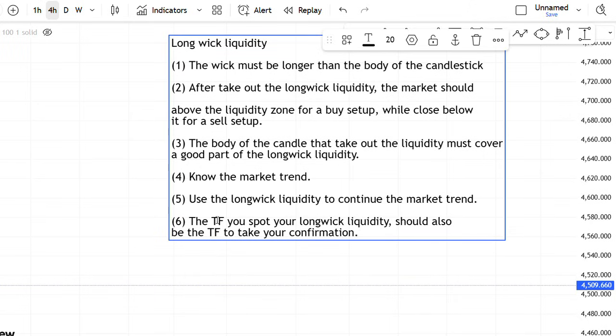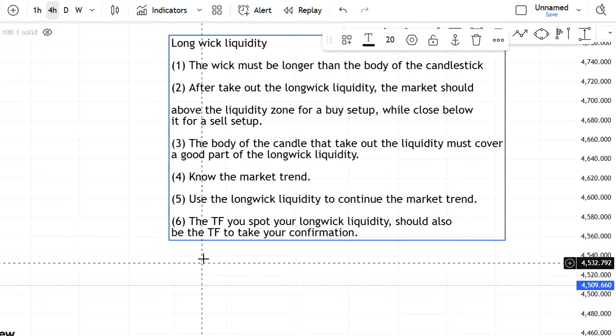This TF means time frame. So let's not confuse that also. This TF means time frame.